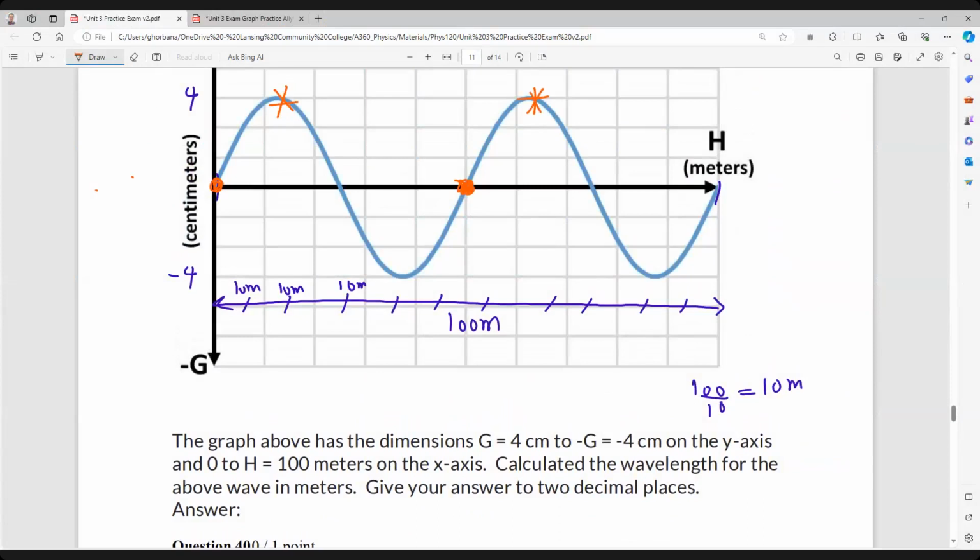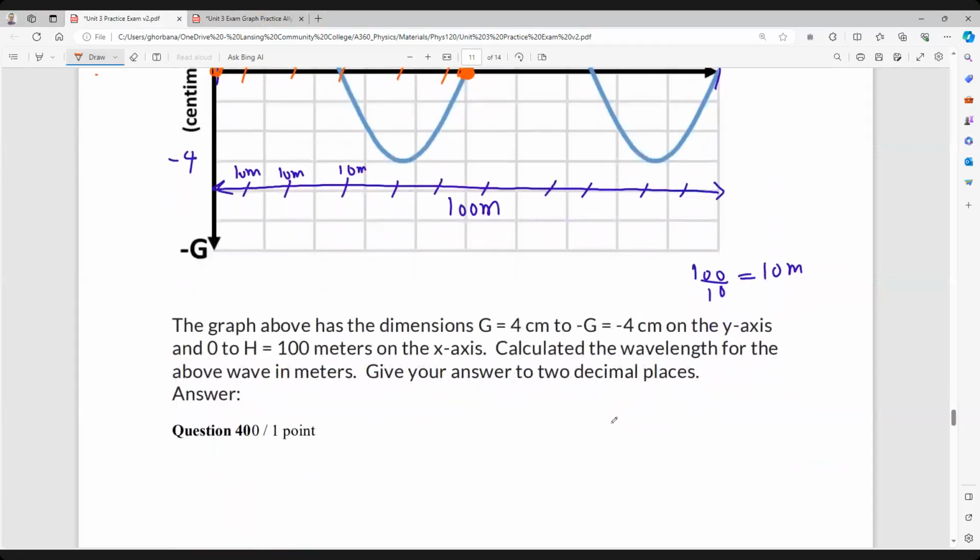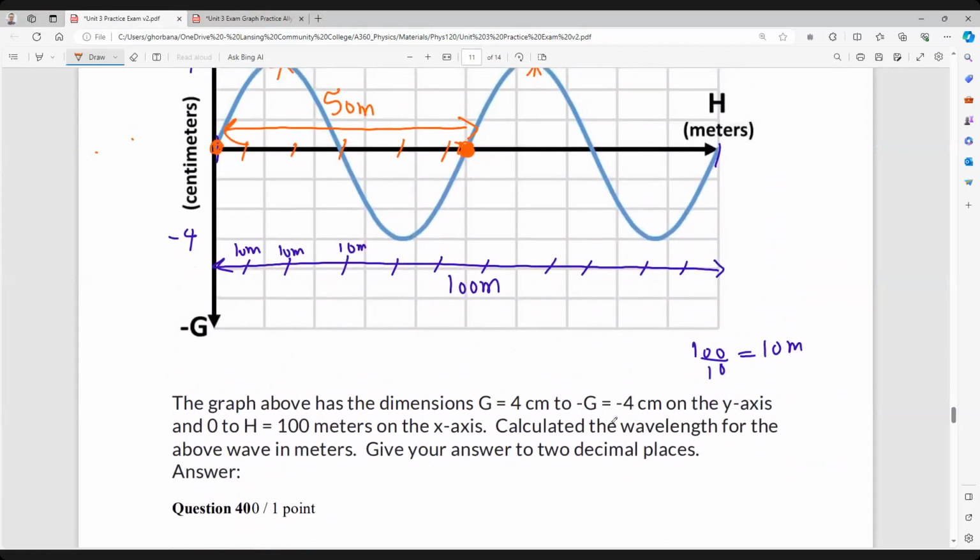Which one is better to use? This one. So how many? We have 1, 2, 3, 4, 5. What was each one? It was 10 meters. 5 times 10 is going to be 50 meters. So the wavelength here is 50 meters.